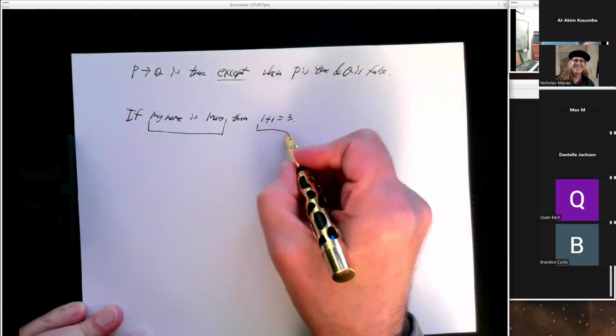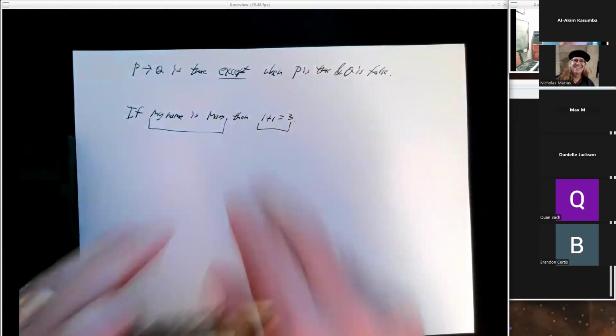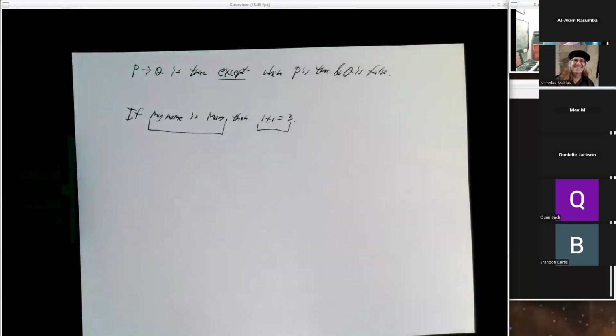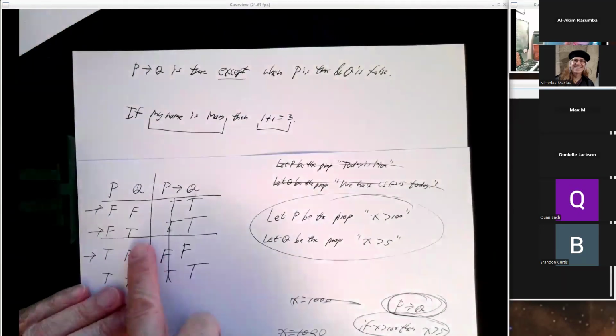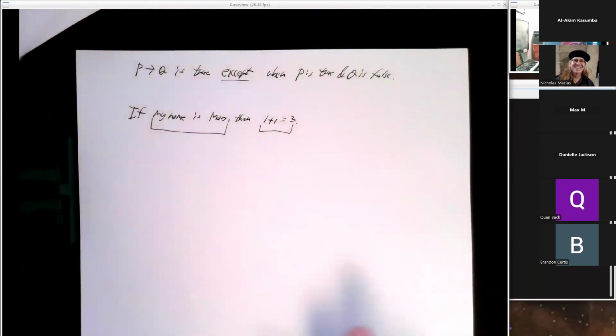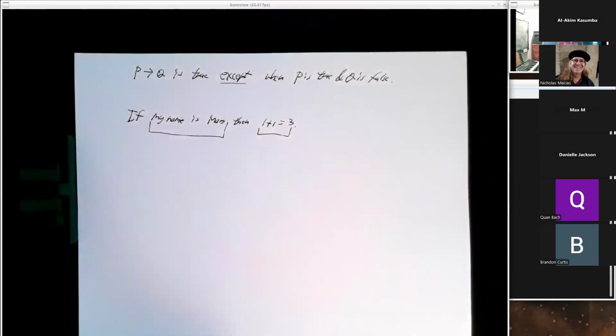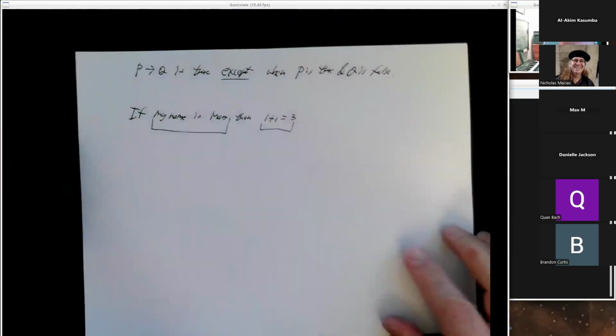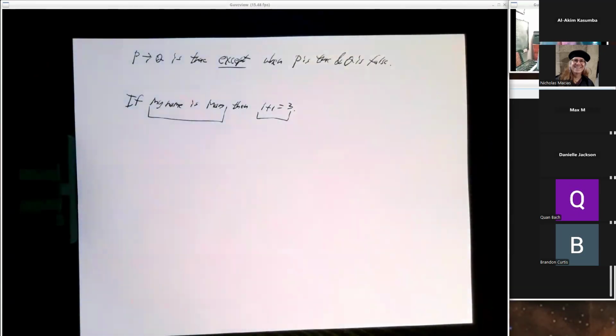The fact that the conclusion is false doesn't make this proposition false. This proposition is true. It's exactly this first row in the truth table. So we can write statements like this, and we can say this conditional statement is true, even though it's nonsense. So we'll be playing around with that later too.